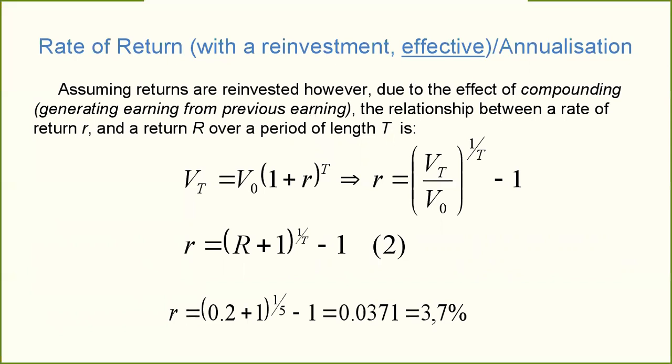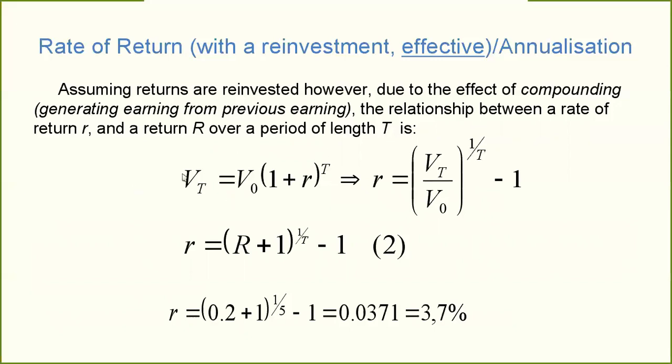So we need to find the relation between R little and R capital over a period of length t. We need a formula which gives us a link between R capital, R little, and t, and maybe the investment at the end period and at the initial period.